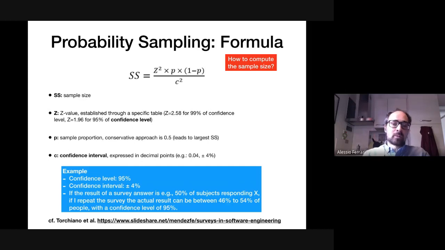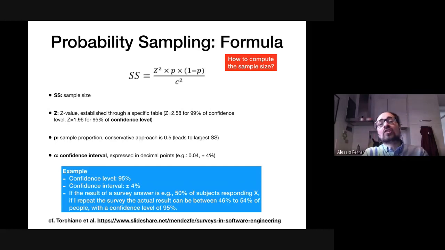P is the sample proportion, and also this is another concept that I don't discuss here, but intuitively, if you want to maximize the sample size, in the sense that you want to keep a conservative approach in which you say, okay, I take the maximum that the sampling formula allows me, the sample proportion is set to 0.5, because this leads in the formula to the highest sample size.